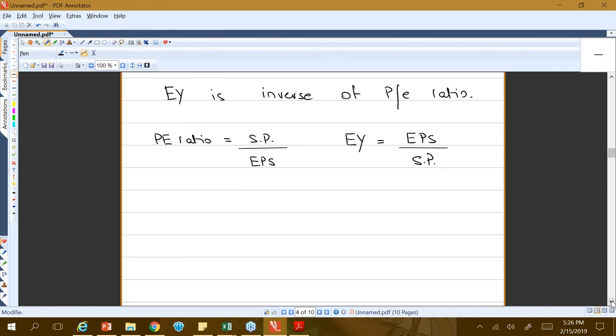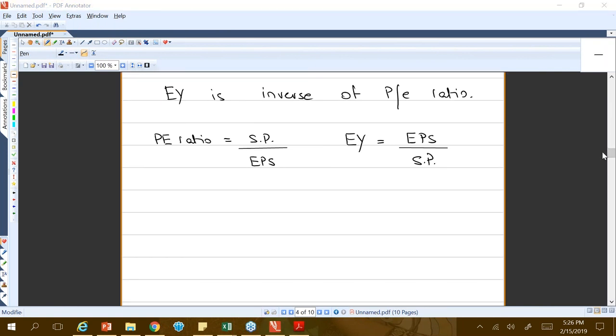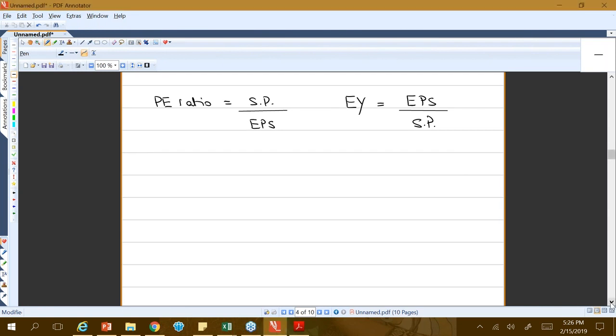Now, when we have got the earnings yield, then we have to look at changing our earlier earnings valuation method a little. So when we use PE ratio, we say VE is equal to profit after tax into the PE ratio. Or we say that P0 is equal to EPS into the PE ratio.